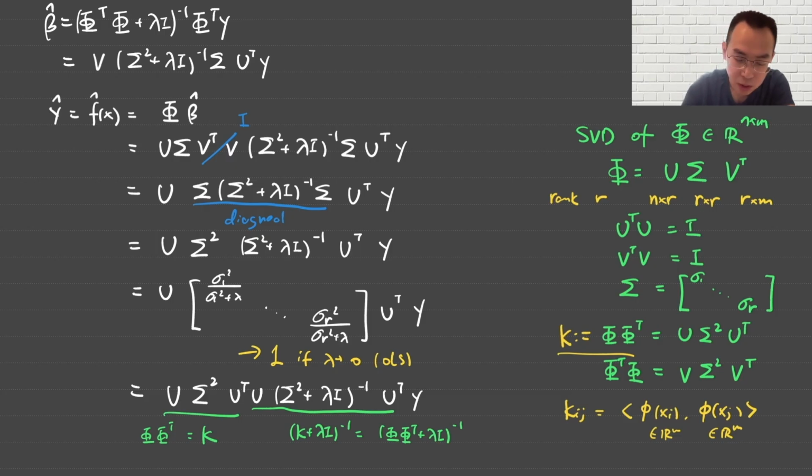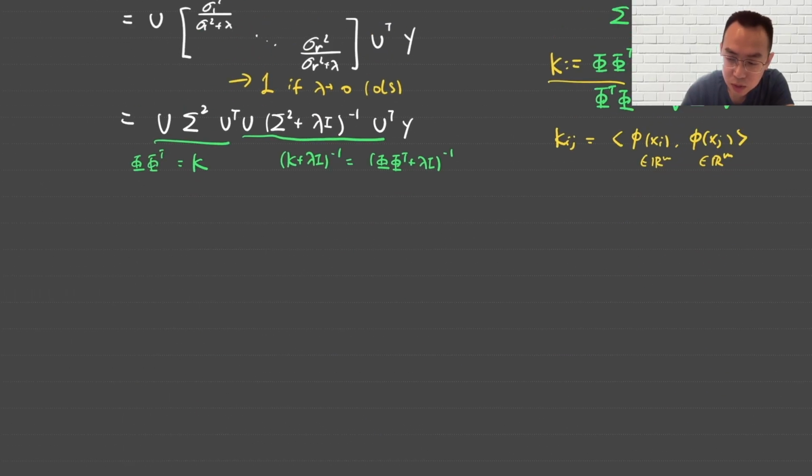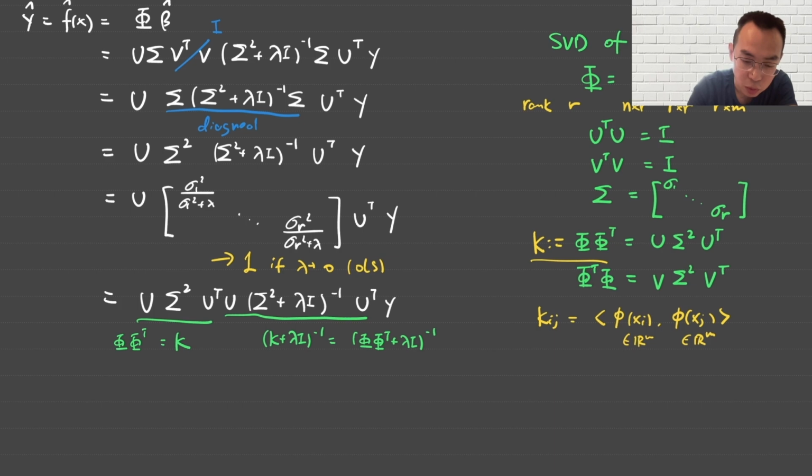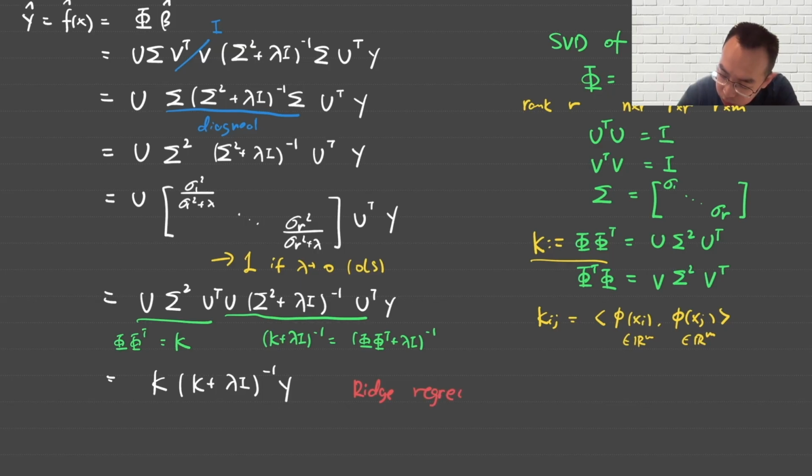So the thing is that we can write out the estimator, write out the linear system with respect to matrix K only, without even touching phi. So that is the essence of the kernel trick. So in the end we have K times (K plus lambda I) inverse Y. Okay, this means our ridge regression can be written without phi.